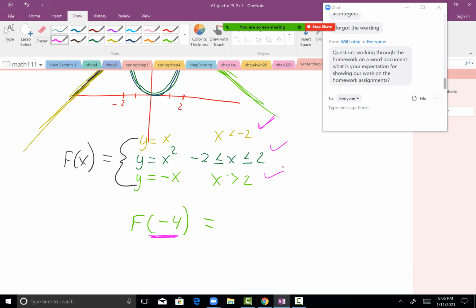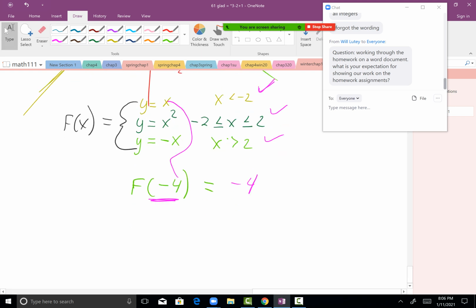The x is less than -2. Right, the top one. Okay. So then I would just go ahead and follow what that says. So then that means that I would put -4 in for that x, and I would get -4. Now, obviously, we'd have to alter this thing a little bit, but that's what you're going to have to do.